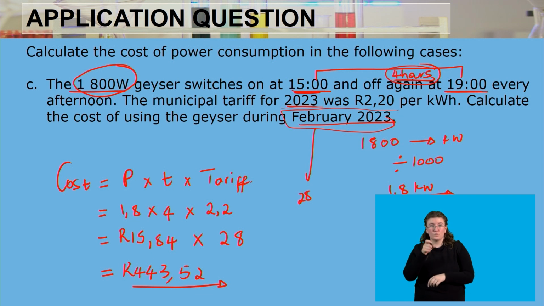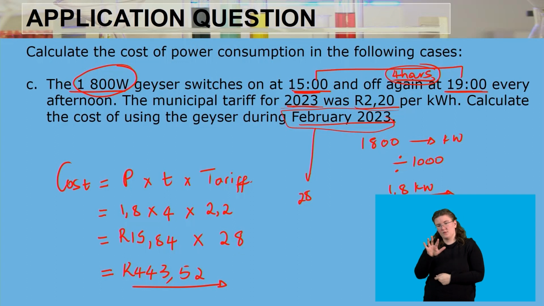For you to use this geyser for the whole month of February, you would be charged 443 rands and 52 cents. So this means that if you run this geyser for 4 hours every day, and the municipality charges you 2 rands and 20 cents per kilowatt hour for the month of February, it would have cost you 443 rands and 52 cents.